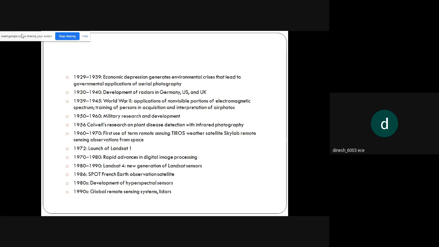Then from 1929 to 1939, the economic depression generated an environmental crisis that led to governmental applications of aerial photography. During 1930 to 1940, radars were developed in Germany, the US and the UK. This development led into tragic wars, World War II, with applications of non-visible portions of the electromagnetic spectrum and training of persons in acquisition and interpretation of air photos. In 1950 to 1960, military research and development was done.